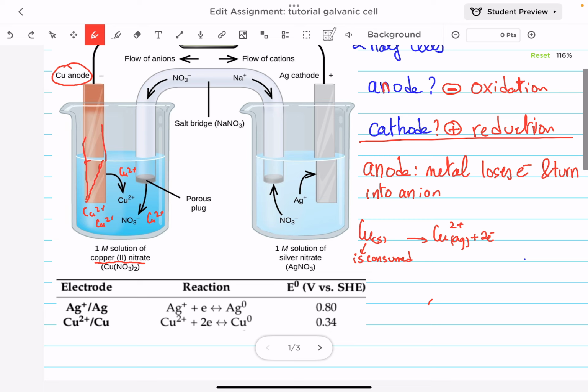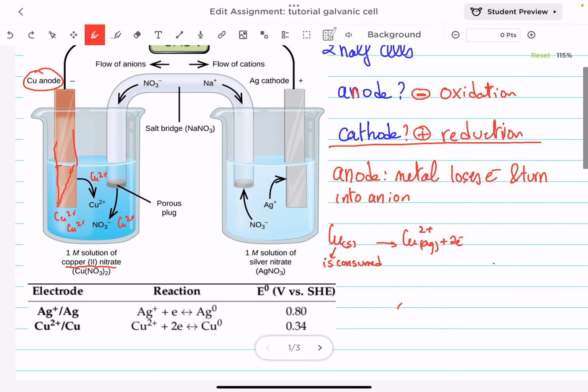It turned into ion. So at the anode, the metal loses electrons and turns into a positive ion. Also, the anode electrode is the one that loses mass. So after a while, the anode electrode becomes less in mass.